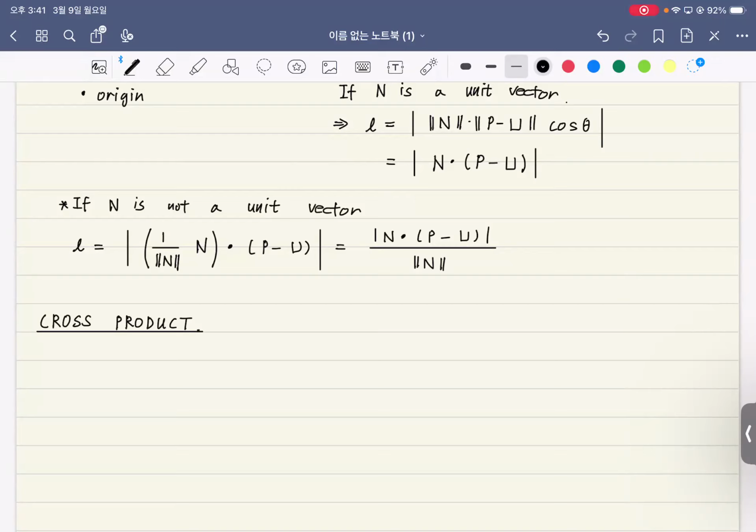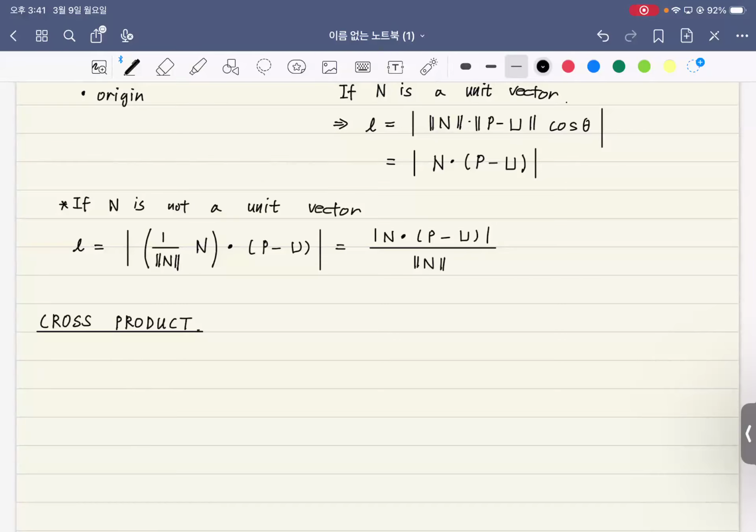Actually, we had such a multiplication. We had a dot product, right? Dot product was also considered some sort of multiplication between two vectors. But if you take a dot product of two vectors, that gives you a number, not a vector, right?